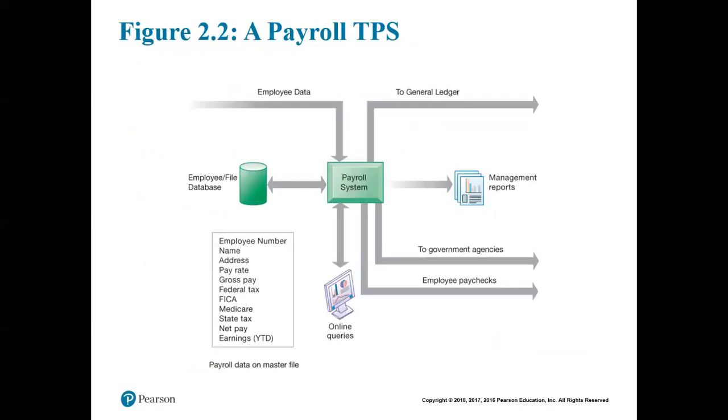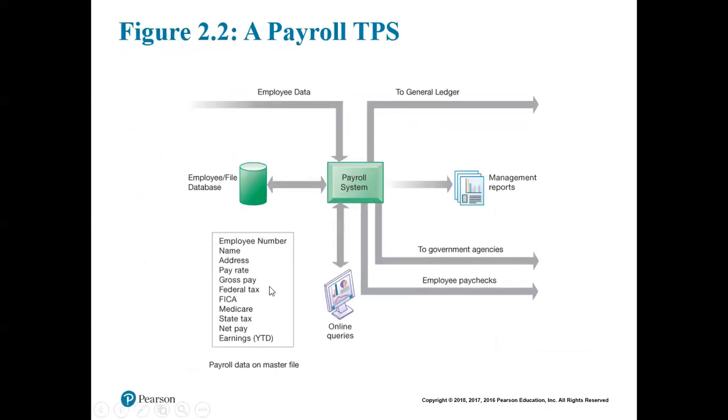This slide is simply a view of a payroll transaction processing system. The rectangles for our class will represent systems. The cylinders will represent databases. The little monitor represents an output or an input. So if we look here, our employee database, that's called an entity.